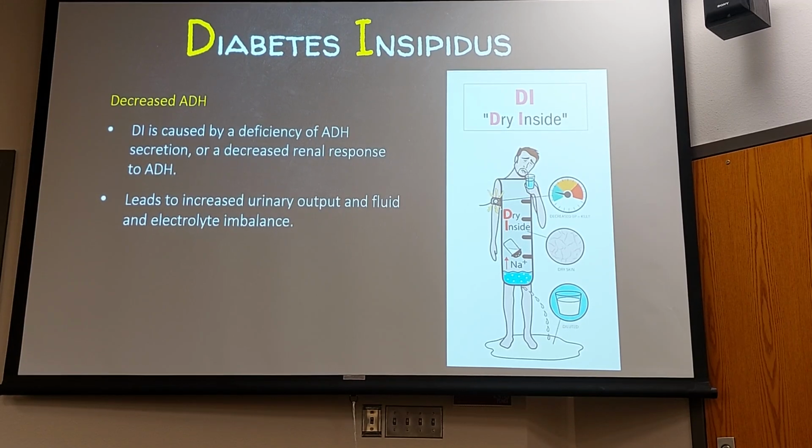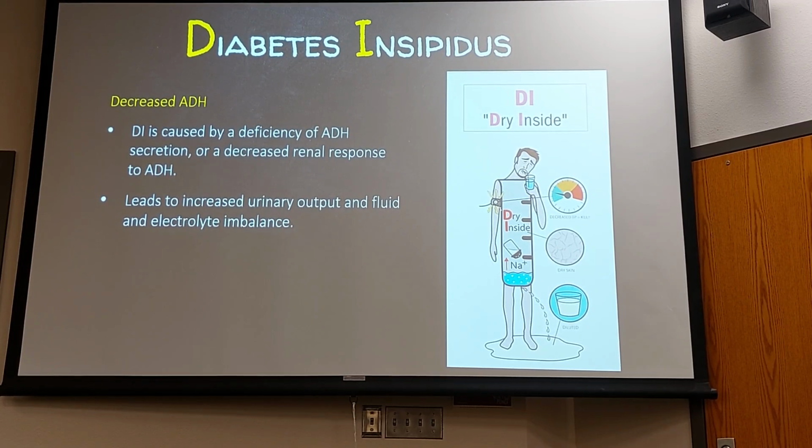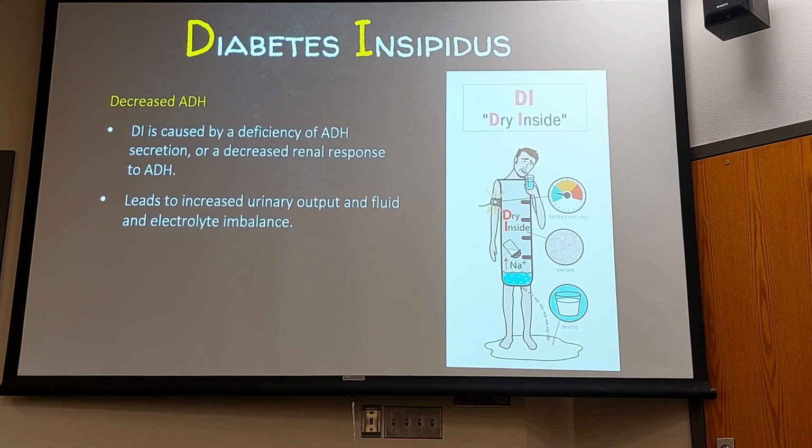So that's where we can do some diagnostics to determine, what's the cause? Is it pituitary, or is it the kidneys just not recognizing ADH, like in a renal failure type situation? Okay, so this leads to increased urinary output and fluid electrolyte imbalance.